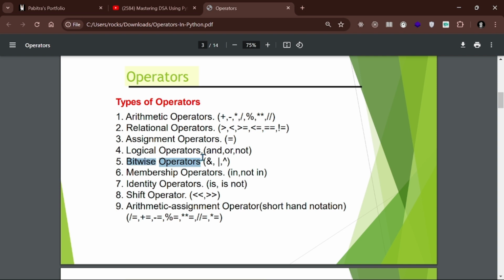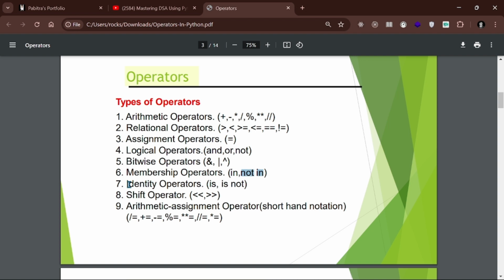These operators manipulate the individual bits of numbers: bitwise and, bitwise or, and so on. Now we have membership operators. These operators help us check if a value is present in a sequence or not, using the in and not in operators.